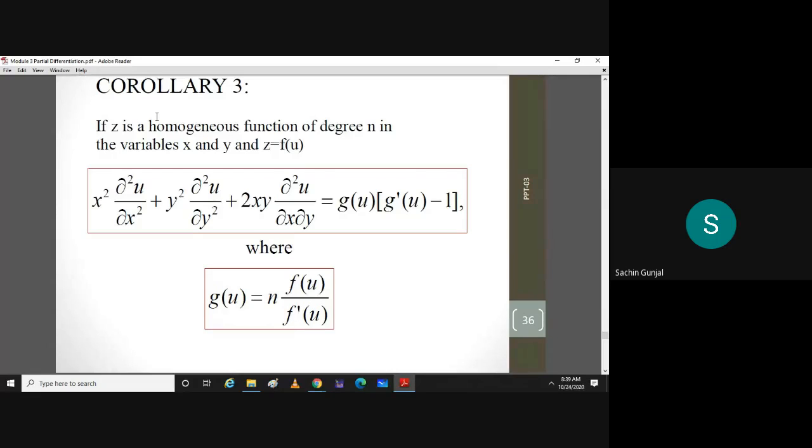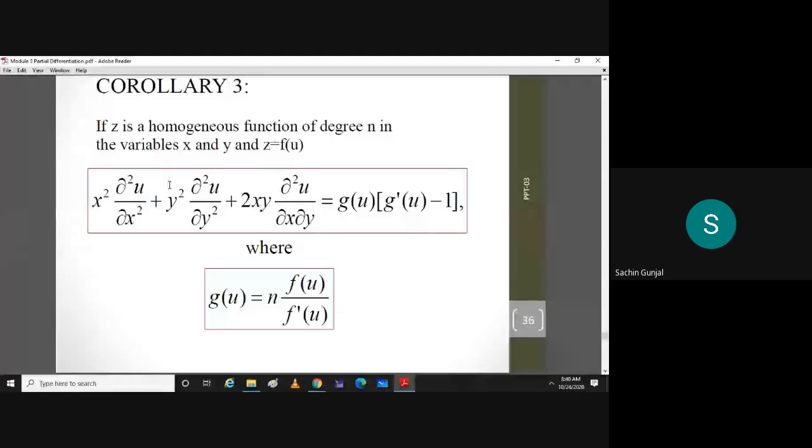So my f of u, that is sine u, is homogeneous. And what is its degree? 2. Okay, so we are applying this third corollary to such functions. u is not homogeneous, but there is some associated function z equals f of u which is homogeneous.